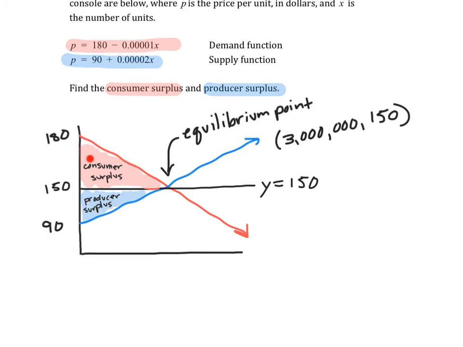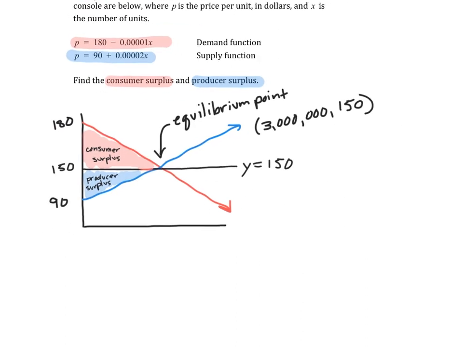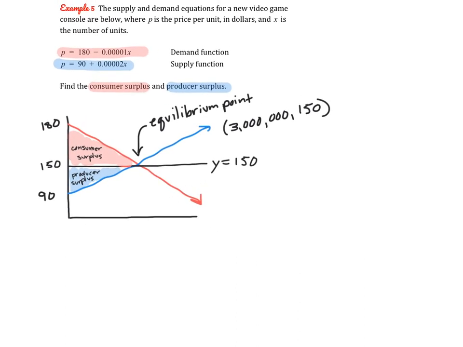And then there's all of these consumers that would have been willing to pay a higher price for the product, but actually ended up paying a price of 150, which is the equilibrium price. So all of those people that would have been willing to pay more but didn't have to, that would be your consumer surplus. So we're going to find the area of those two triangles. And of course, we know there is a formula for area. It's just 1/2 base times height.